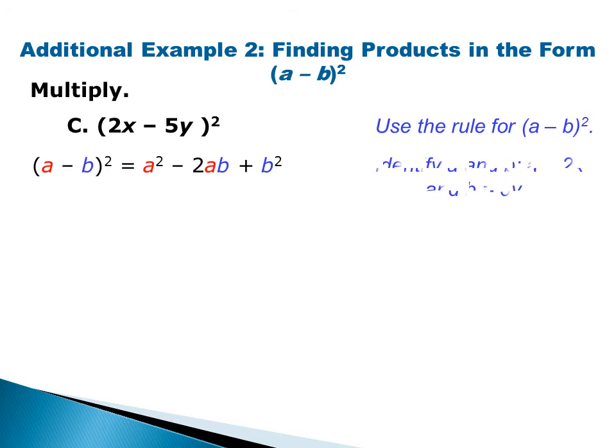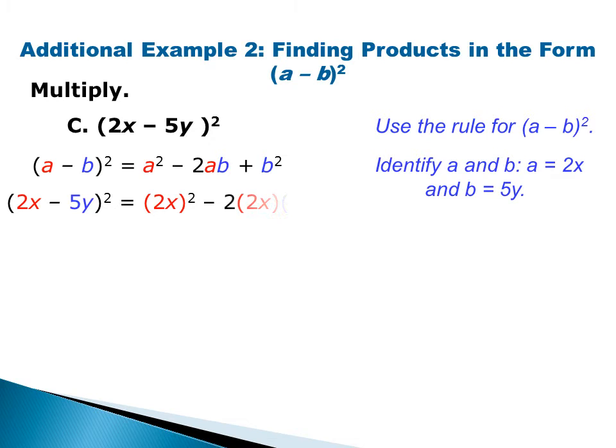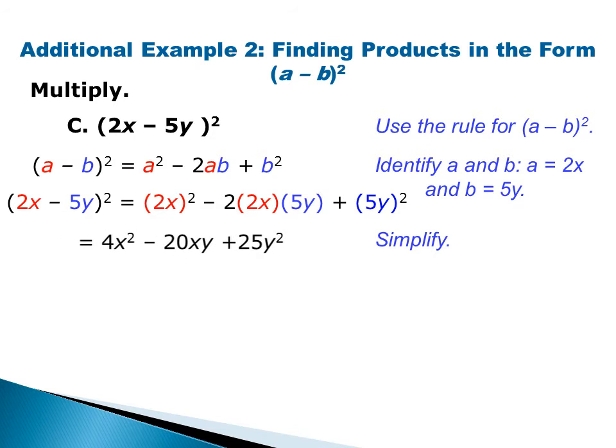Okay, see what I'm doing? And here's the answer. The 2x and the 5y are going to be squared, but because in front of 5y we have a negative, it becomes 25. Negative times negative is positive, and then the 2x, the first one, gets squared, which is 4x squared.